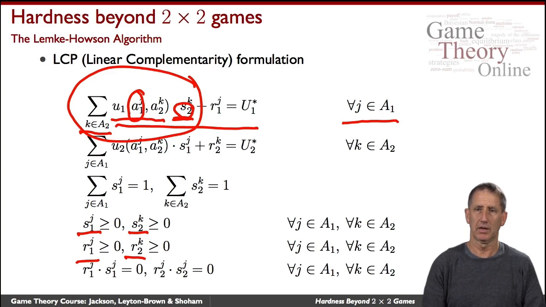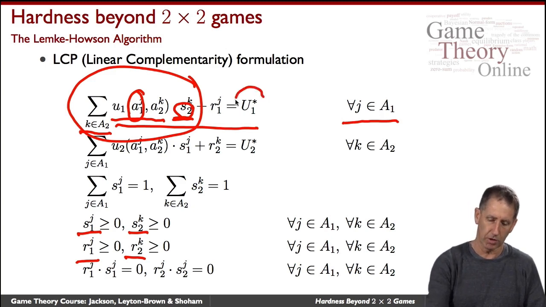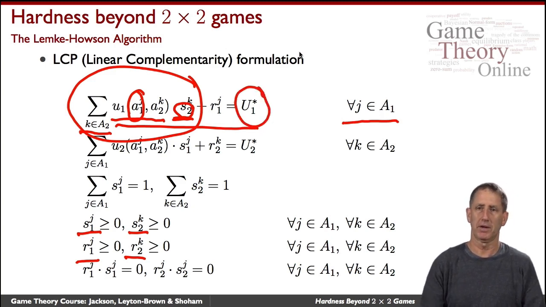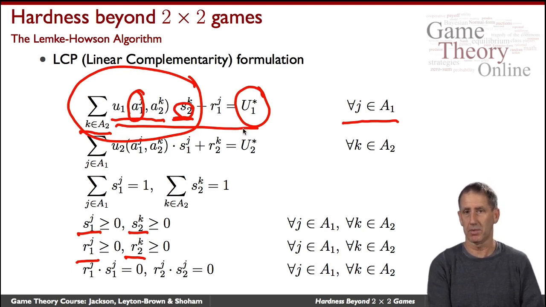And in general, if you look at all the actions that player one plays, they will give different payoffs. What we want is for player one to best respond to that strategy of player two, because in equilibrium, every player is best responding to the other. And so let's call U star one the payoff to player one in the Nash equilibrium. So in general, the payoff for player one when they play AJ will be no greater than the best response, but in general will be less.